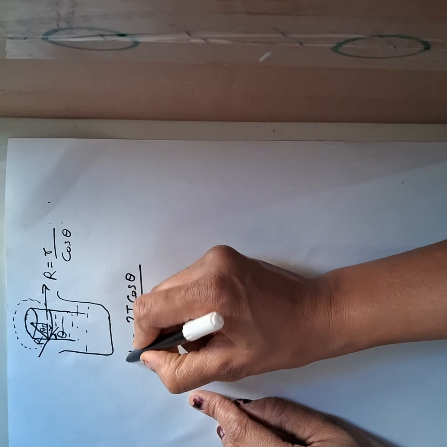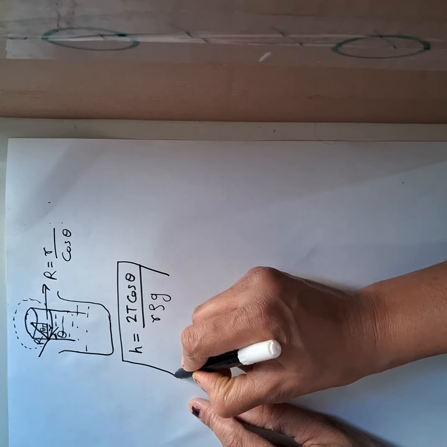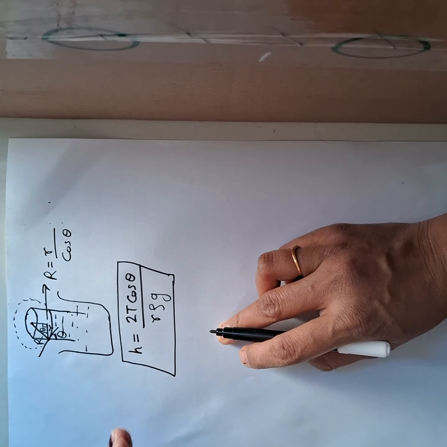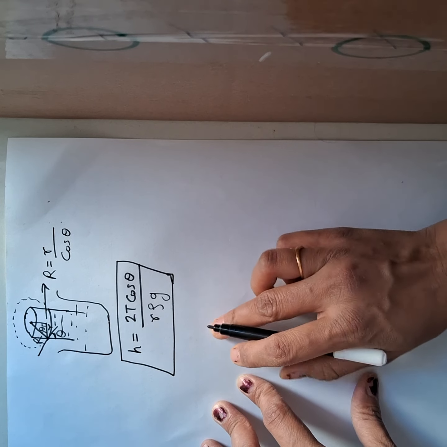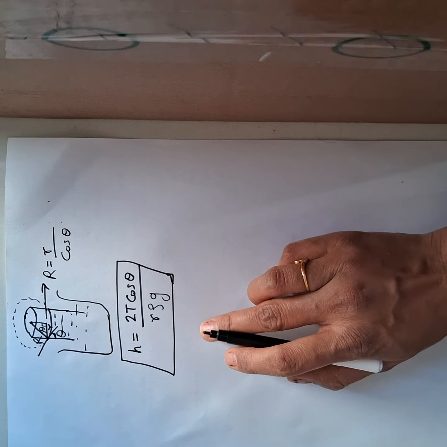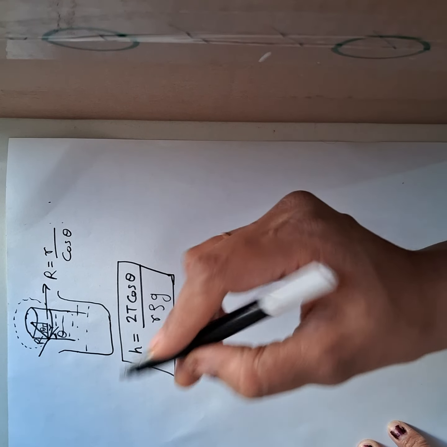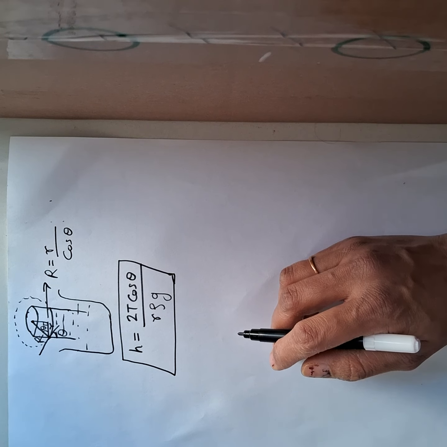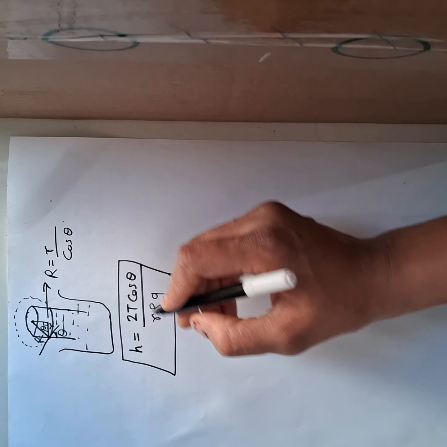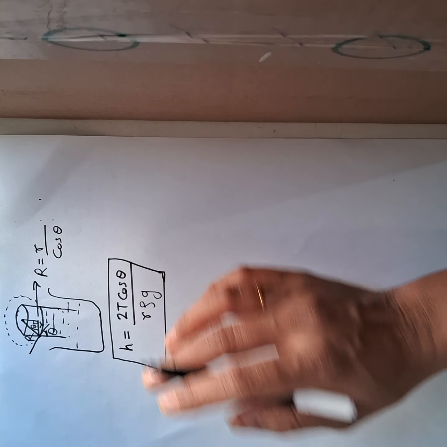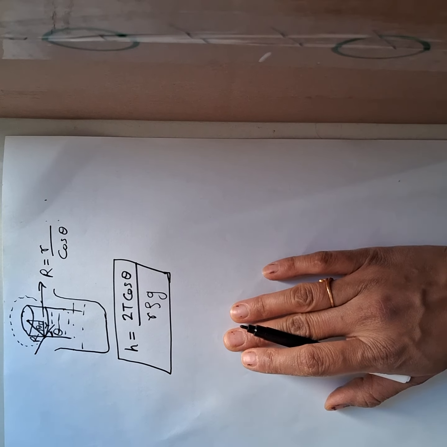From this equation we can find the value of h, that is the height of liquid in the capillary. So this is how we can calculate the height of the liquid rise when the capillary is dipped into the liquid. So this is all about capillary action.